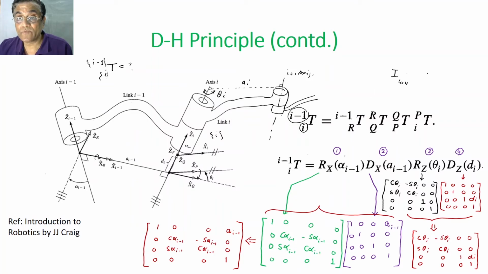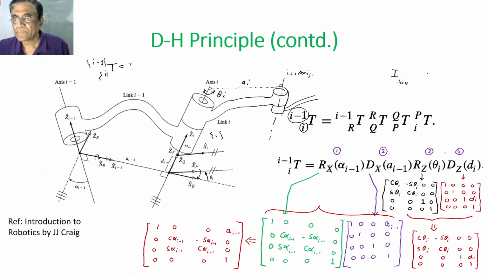And what will be 2 and 1? Because operations are given along x-axis, about x-axis, along x-axis, about x-axis, right? So this I minus 1 is acting as an inertial coordinate frame. Okay, in case of two successive links, it can also move, but for this particular derivation, we are assuming that I minus 1 is the inertial coordinate frame. So there will be no mistake if you follow this.